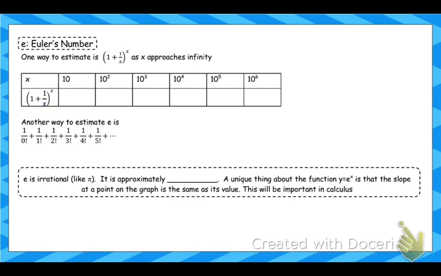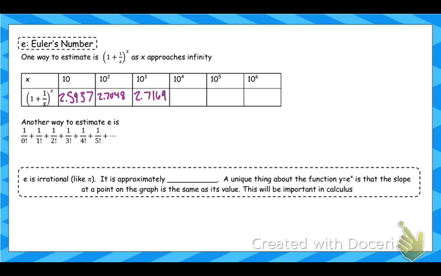If I plug that into a calculator, I'm going to go a couple decimals past so you guys can see. This is 2.5937. All right, now I'm going to use the same expression, but I'm going to plug in 100. That gives me 2.7048. Same thing, but plug in 1,000: 2.7169.